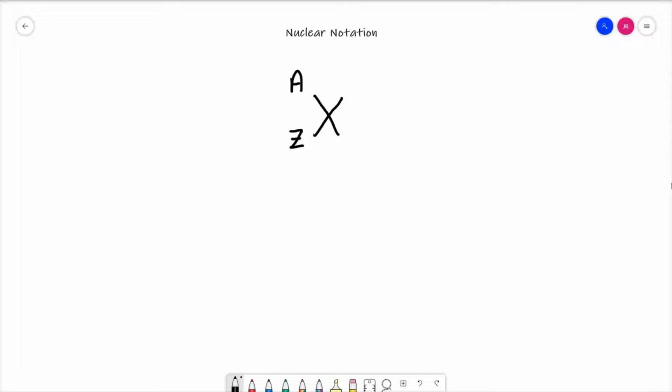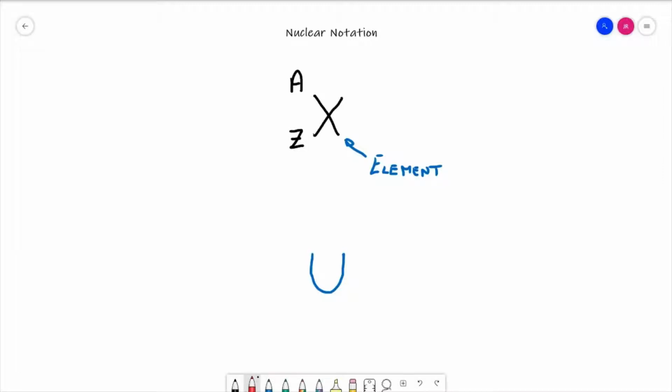Now, these are obviously just generic letters at the moment, but we'll explain exactly what they mean. The X at the centre will represent the element and just gives you the name of the element itself. So if we just take an example of uranium, uranium will be a capital U.